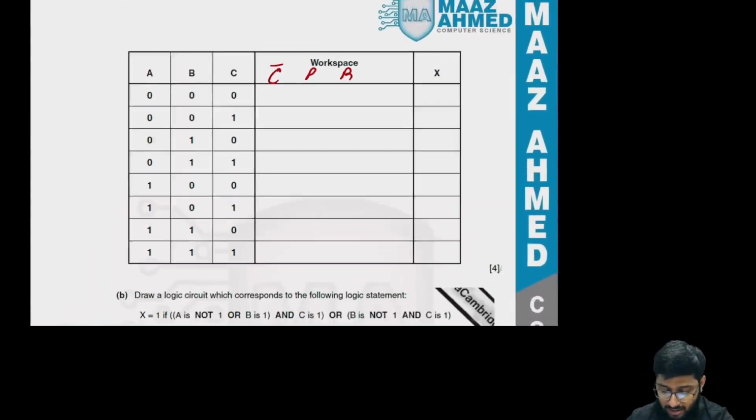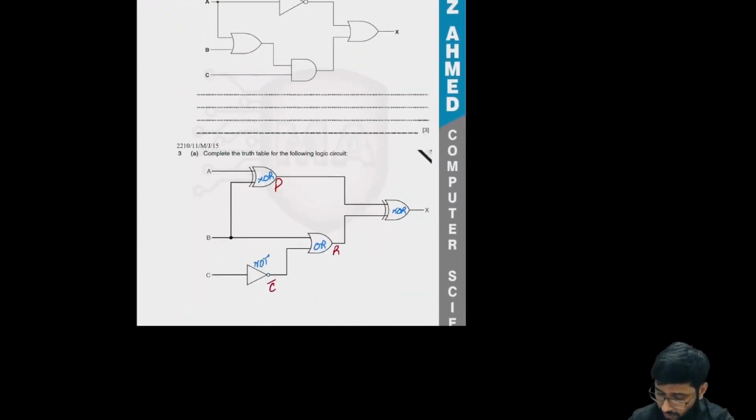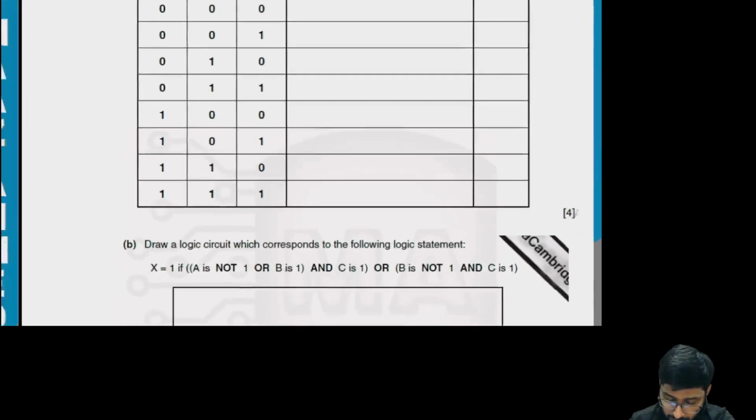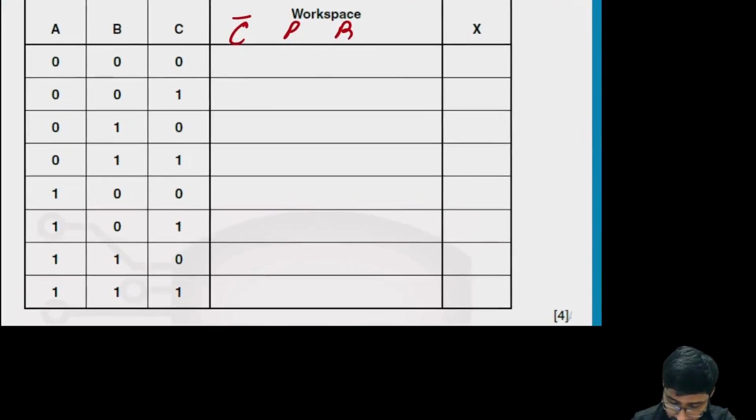Okay, now C bar is actually the reverse of C. So what are the values for C? The first value for C is 0, so for this we will be getting 1. Now for 1, it will be a 0 because it's a NOT gate.